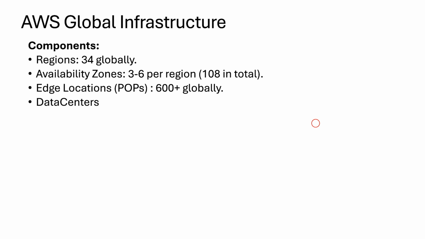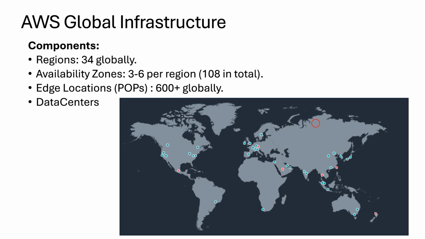If you observe carefully, you have 34 regions globally currently, and availability zones 3 to 6 per region. That is 108 availability zones globally, and for edge locations, you have 600 plus edge locations available globally, and data centers, right?